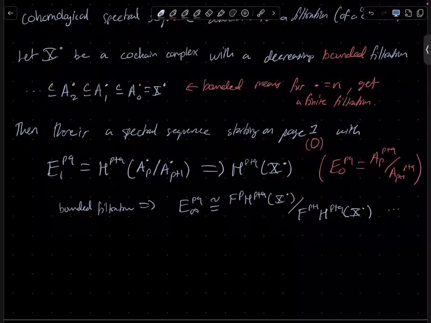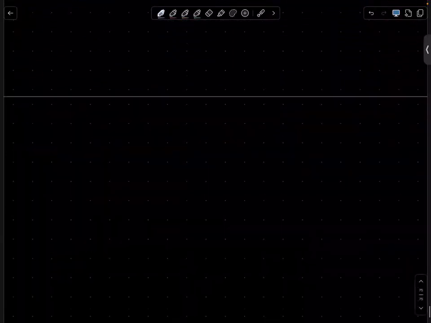Okay. So here's an interesting idea now that we have some more language. In the previous theorem, it looks like we could have just used any bounded filtration of X bullet.